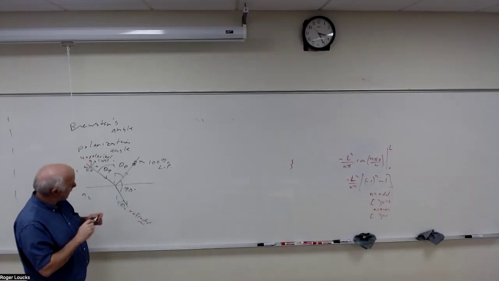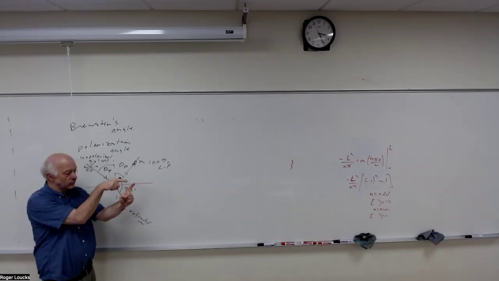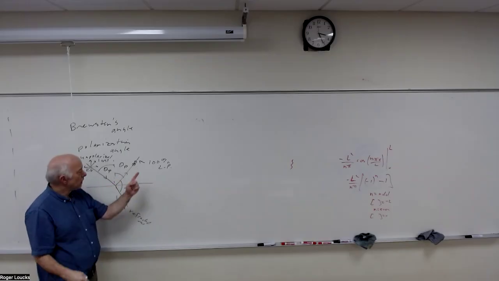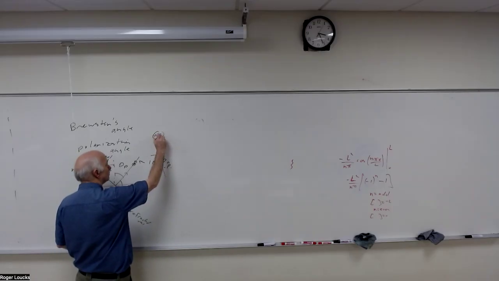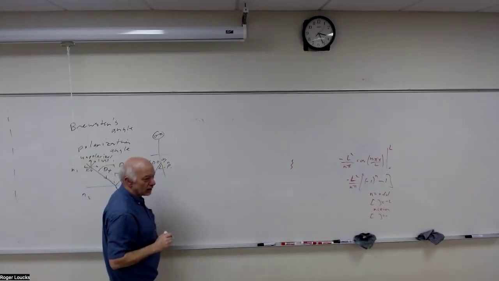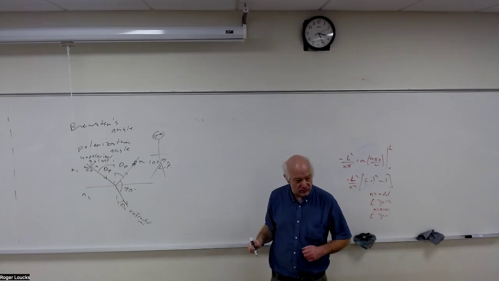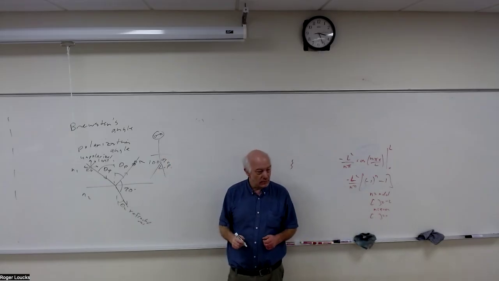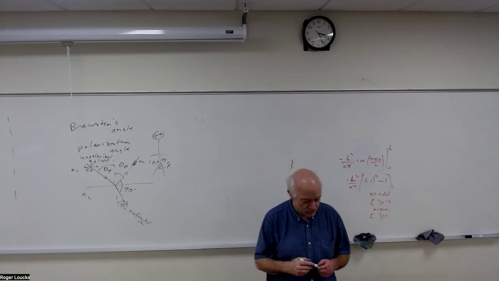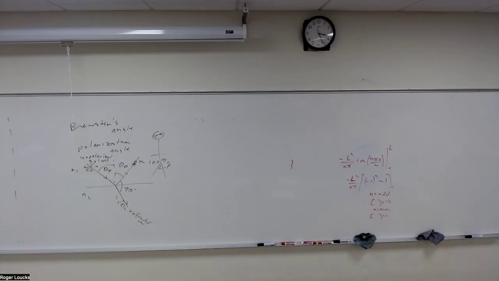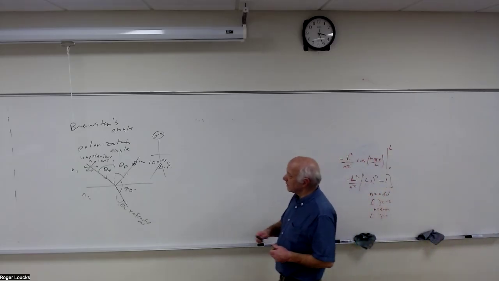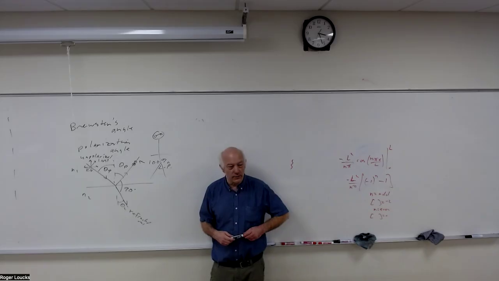What the X and the dot represent means that if the light's going this way, the electric field is going into and out of the page. If I'm wearing my polarized sunglasses and I don't want glare, how do I want the transmission axis to go?